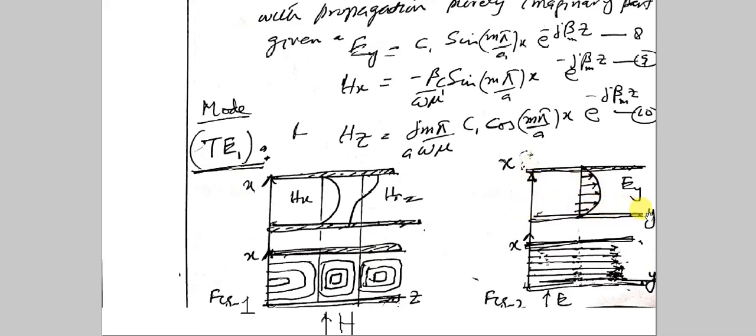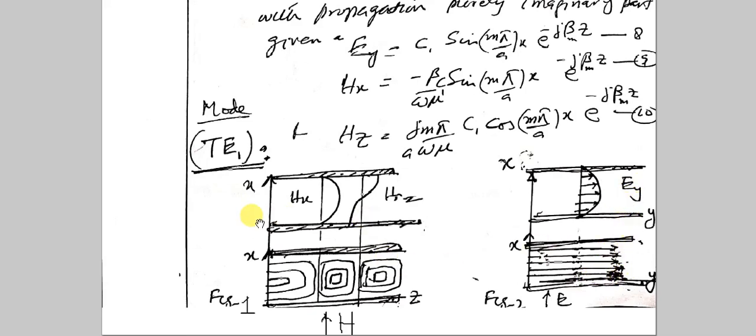Remember that the z-axis is perpendicular to the plane. The E fields are along x. This is the x distance between the plates, and this is the y dimension. That's the field configuration for Ey, which will be aligned in this manner.